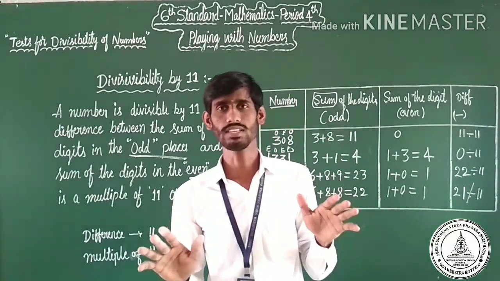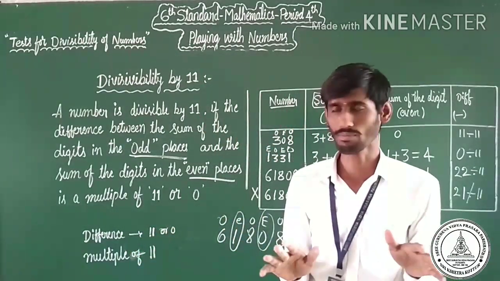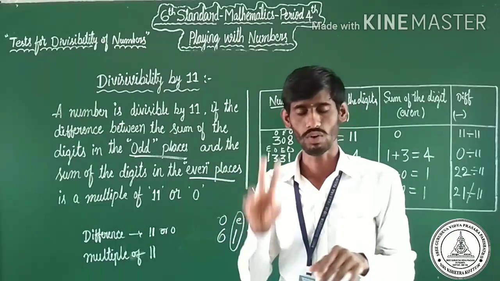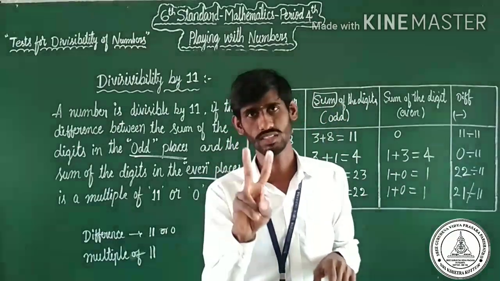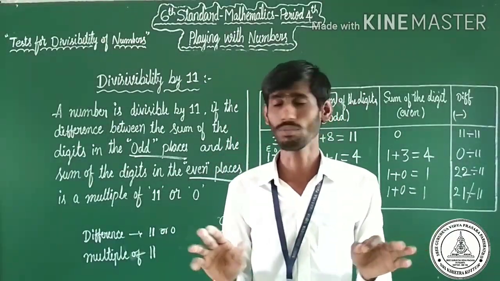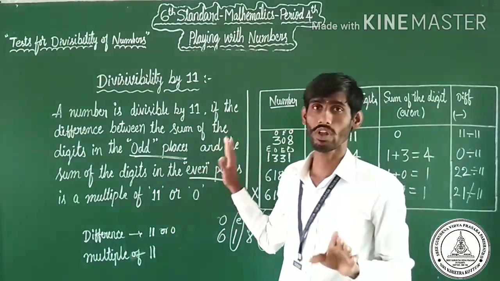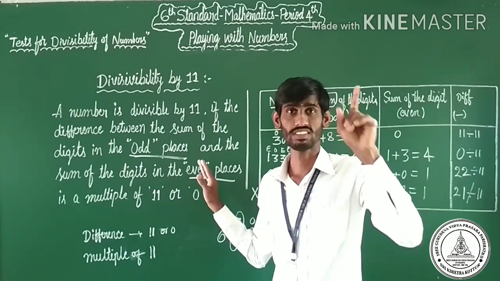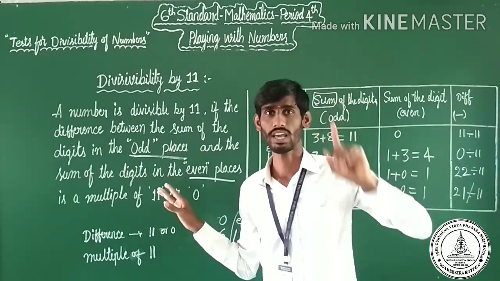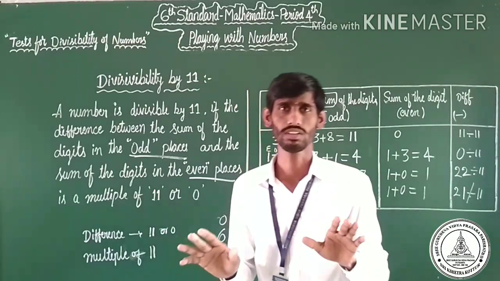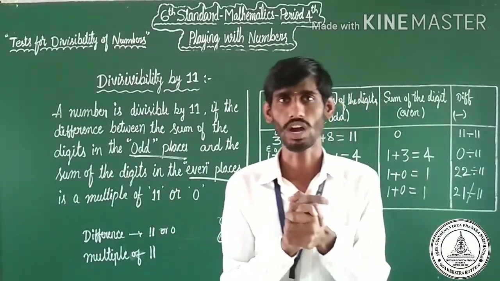They are very easy examples and the rules are also very easy. No need to confuse yourself. Watch the video once or twice and you will become perfect at the divisibility rules. If you are perfect right now, it helps a lot in the higher classes: 7th standard, 8th standard, 9th standard, 10th standard. So please do hard work.